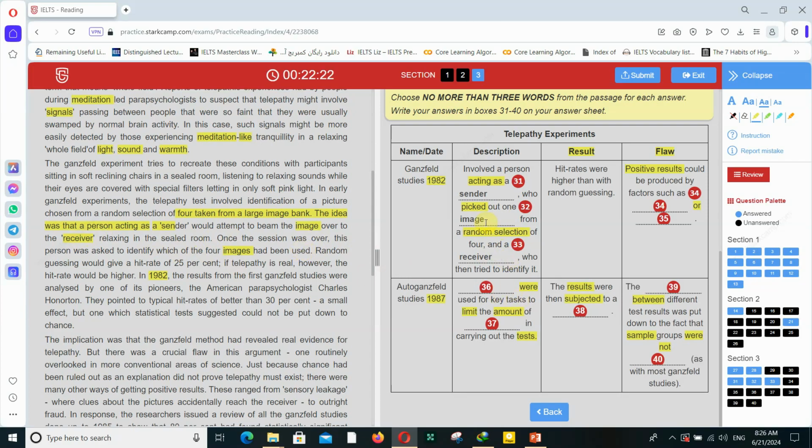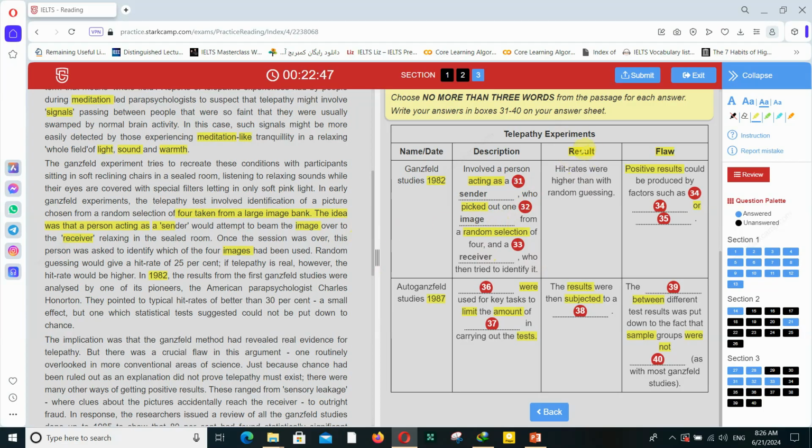And for this question you can either write image or you can write picture, because here it says that the telepathy test involved identification of a picture chosen from a random selection of four. So you can write one picture from a random selection of four. Image and picture both are correct for 32.